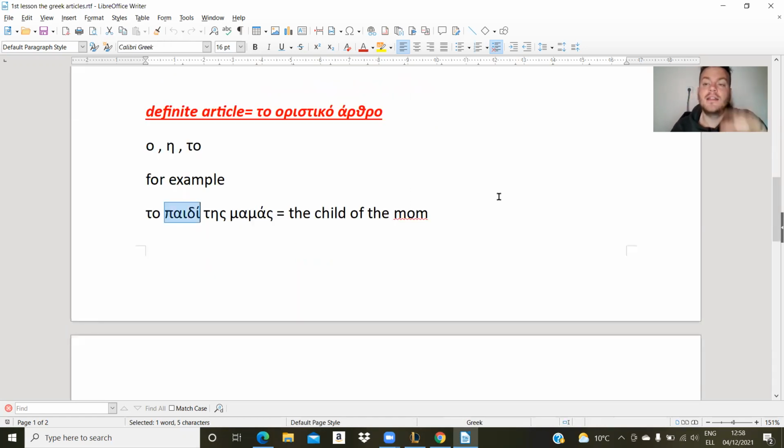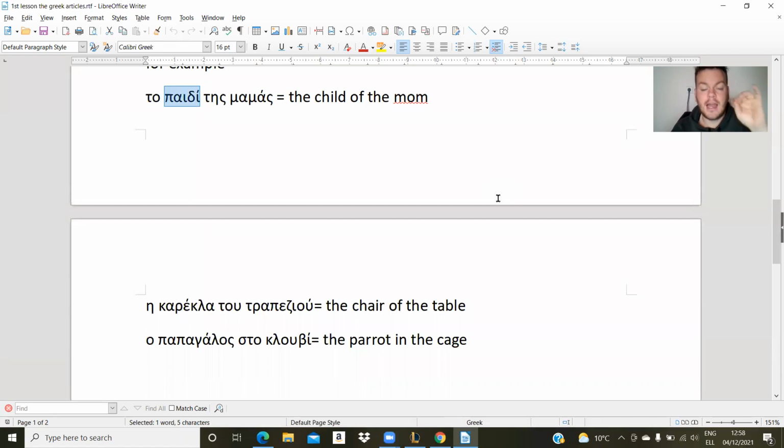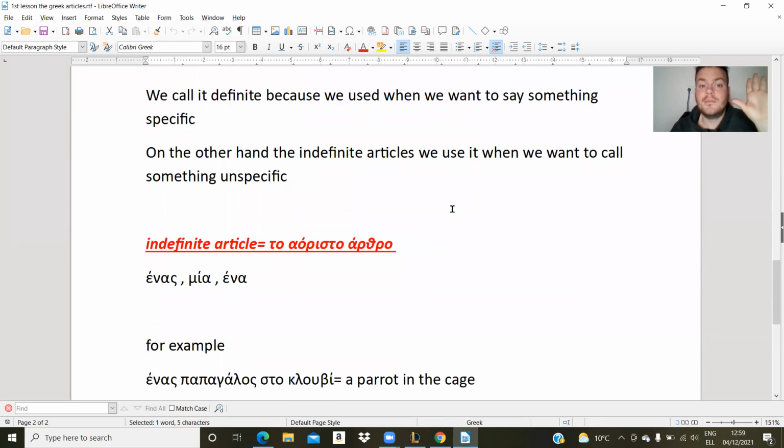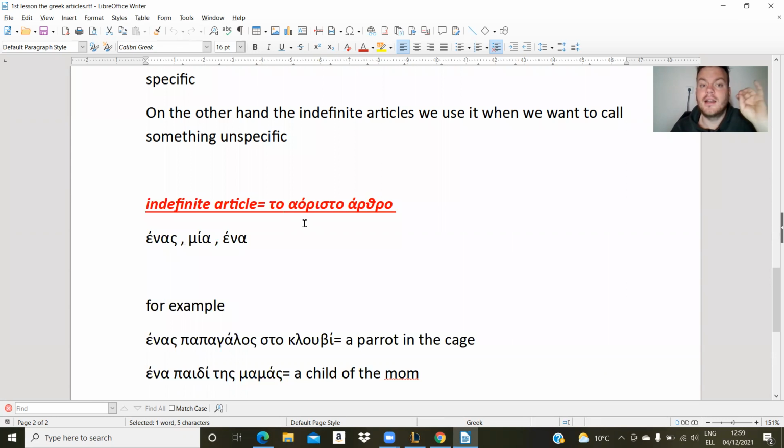On the other hand, the indefinite articles, we use them when we want to speak about something that is unspecific. The indefinite article in Greek is το aoristo arthro. Okay, το aoristo arthro. Here it is.